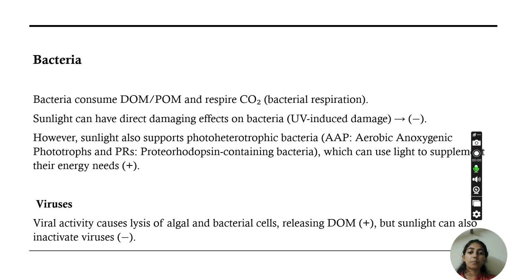However, sunlight also supports photoheterotrophic bacteria like aerobic anoxygenic phototrophs and proteorhodopsin containing bacteria, which can use light to supplement their energy needs. Next, here comes virus. Viral activity causes lysis of algal and bacterial cells, releasing DOM, but sunlight can also inactivate viruses.